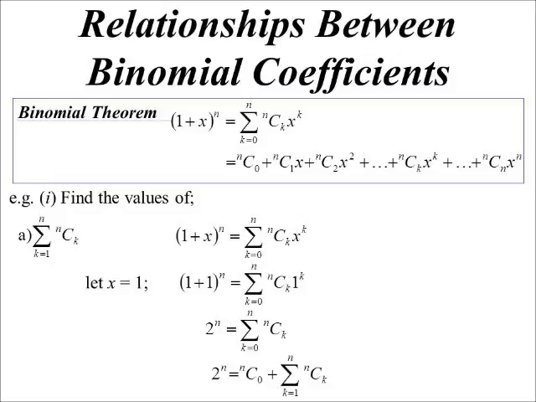So I'm rewriting the sum as k equals 1 to n, but then just adding nC0, the term where k equals 0. And then that's what I'll move to the other side. But nC0, we don't need to know what n is for that one, because we know Pascal's triangle always starts and ends with 1. So nC0 is 1, so we get 2 to the power of n minus 1 as a value for that one.